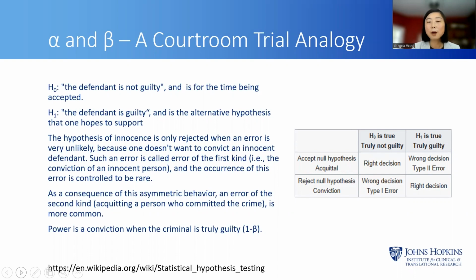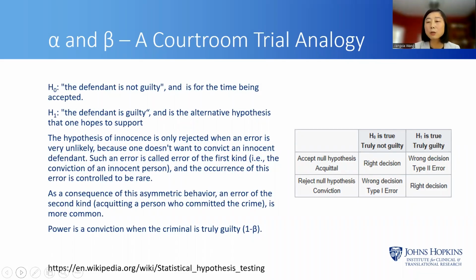As we know, the hypothesis of innocence is only rejected when an error is very unlikely, because no one wants to convict an innocent person. This type of error of convicting an innocent person is called the error of the first kind, and usually is controlled to be really rare.